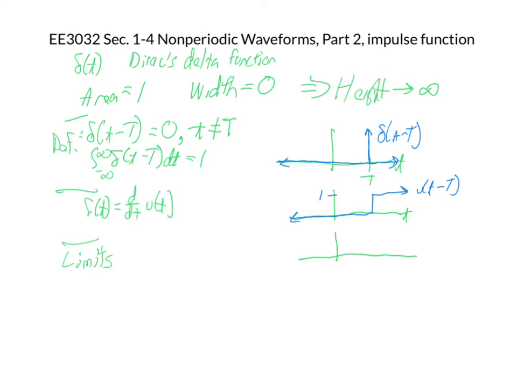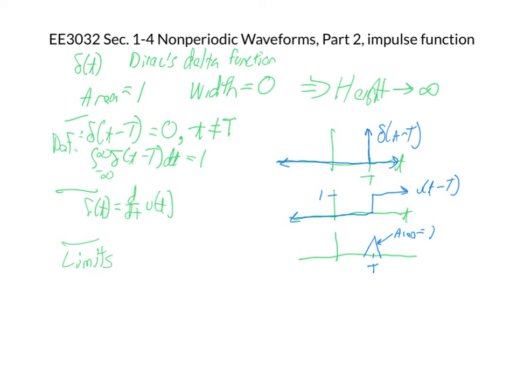There are some fancier ones that have properties that might be useful in certain problems, but what I'm going to do is a triangle, and the triangle is going to be centered at capital T. The area of the triangle is always going to be 1. So we're following this property of Dirac's delta function there and saying the area has to be 1.